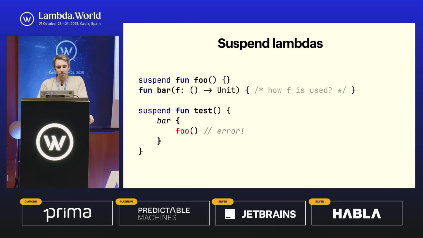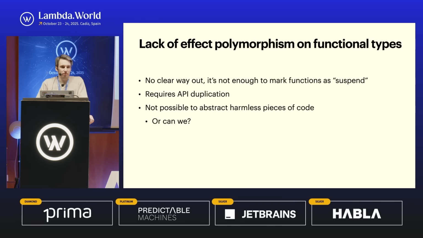So it also means that as a library author, you probably have to duplicate your API. And it also means that I cannot simply abstract harmless pieces of code, like my pretty forEach function now doesn't work with half of my functions which are suspend.